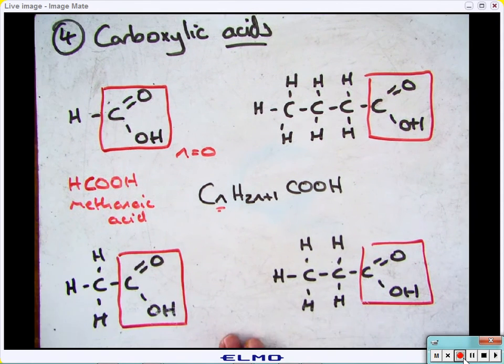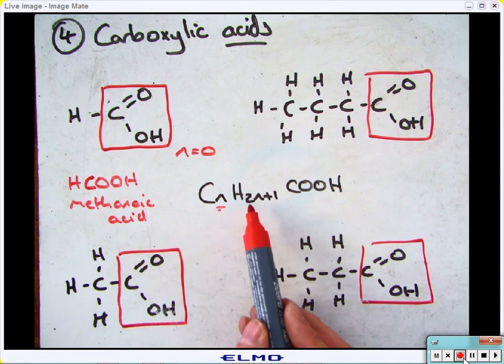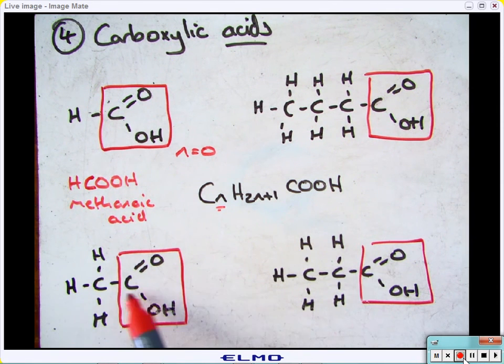It then follows a similar format. So this one here, you've got 1 carbon, so it's 1 times 2 plus 1 is 3, COOH, 2 times 2 is 4 plus 1 is 5, and so on. So you get this.